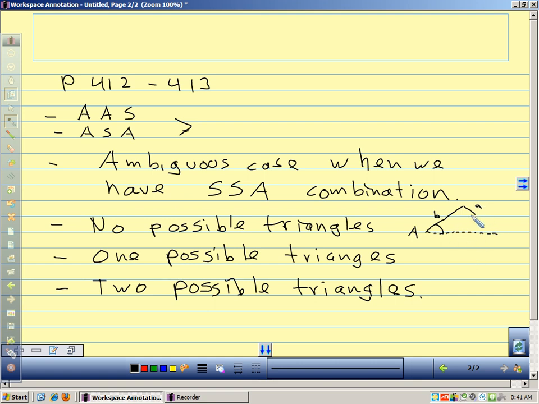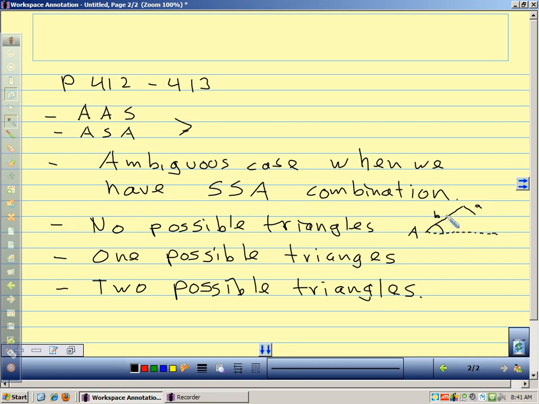And side A, no matter what this angle is between side A and side B, it doesn't matter how I move this little side around, it will never connect with this third side of the triangle if we're given this angle. So this is how we could have no possible triangles with a side-side angle combination.